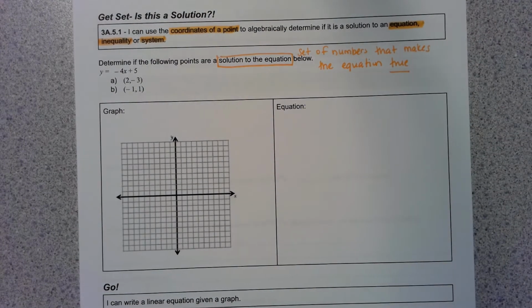So we need to figure out, is 2, -3 a set of numbers that makes this equation true? And separately, is -1, 1 a set of numbers that makes this equation true?